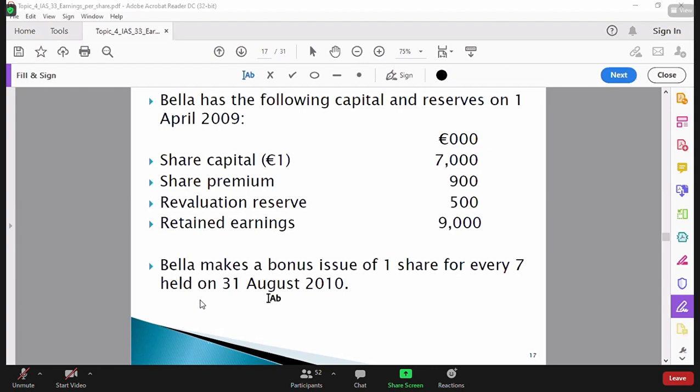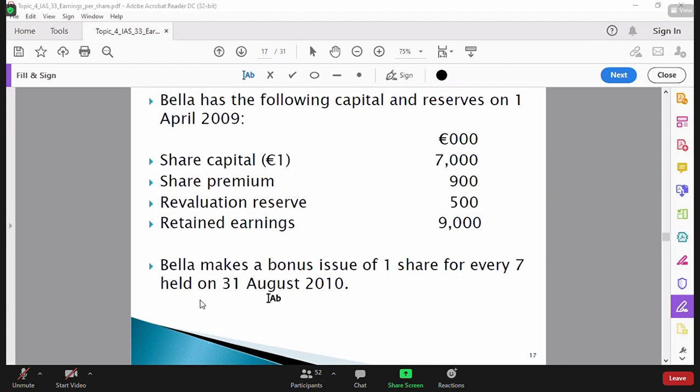So from 1st April 2010 until 31st August 2010, you have to calculate the weighted average number of shares. 7,000 multiplied by how many months?